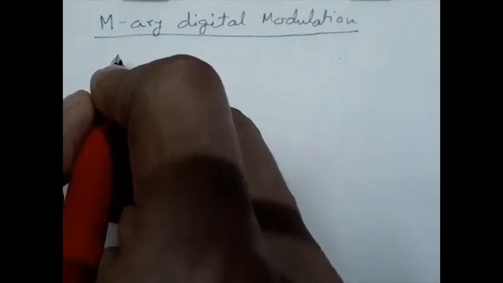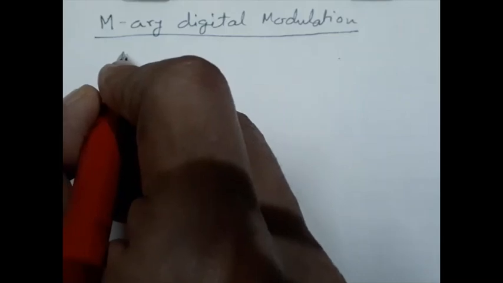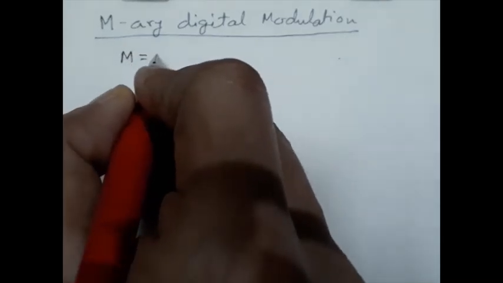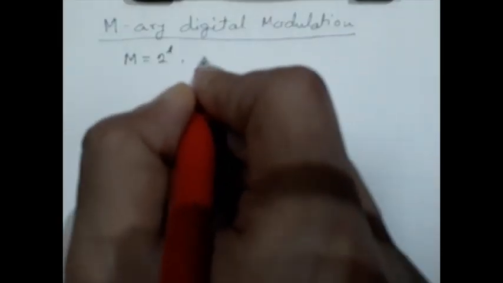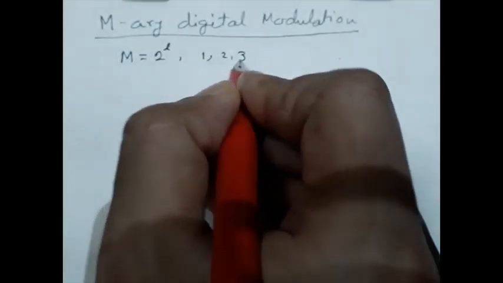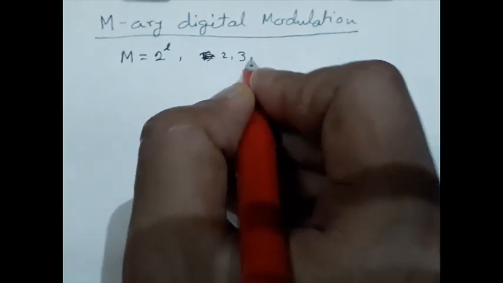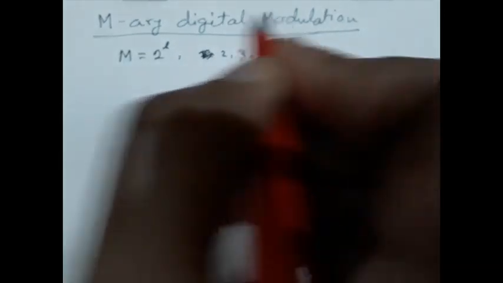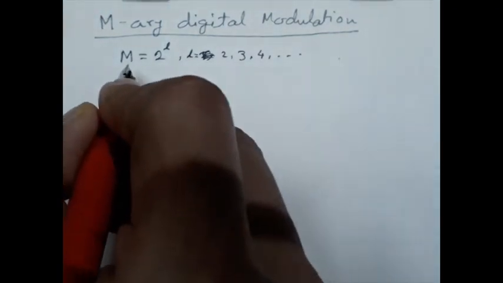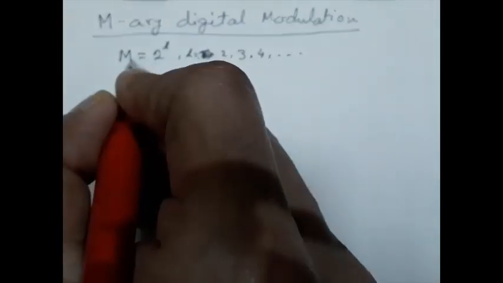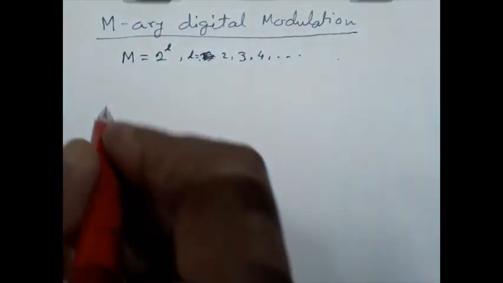So if we consider an M-ary system where M equals 2 to the power L, where L is an integer. L may be 1, 2, 3; 1 means it is binary. So 2, 3, 4, 5, etc. For L equal to 2, M will be 4. For L equal to 3, M will be 8, something like that.